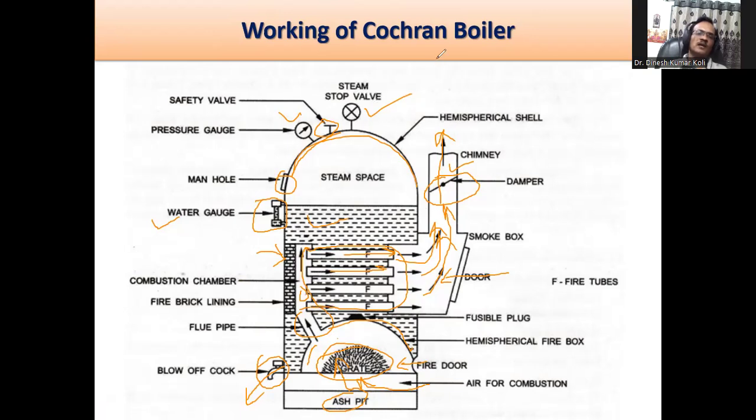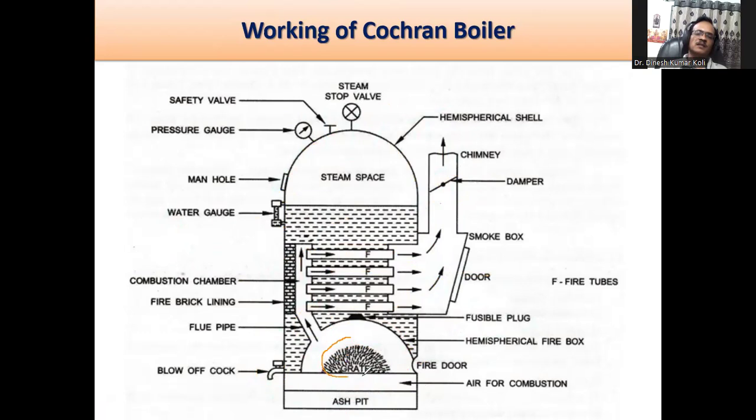How does the working occur here? The working is very simple, because in every boiler our purpose is to utilize the heat of the flue gases or hot gases to convert the water into steam.